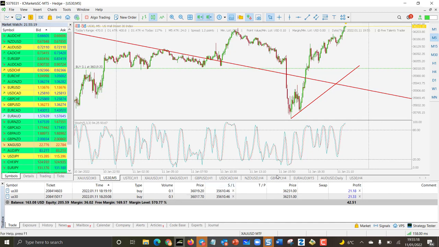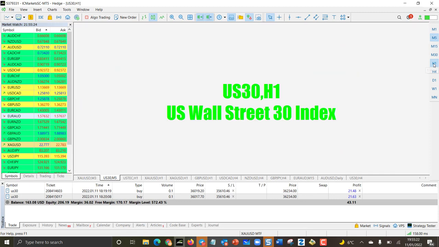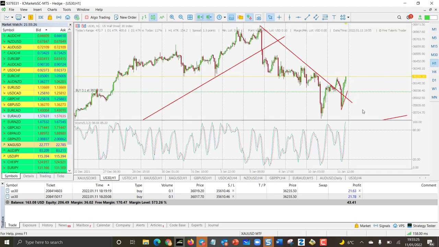You just simply wait for those two lines to cross each other, depending on whether they're crossing to the downside or to the upside. When they're crossing to the downside, the blue line will come from the top to break the orange line.